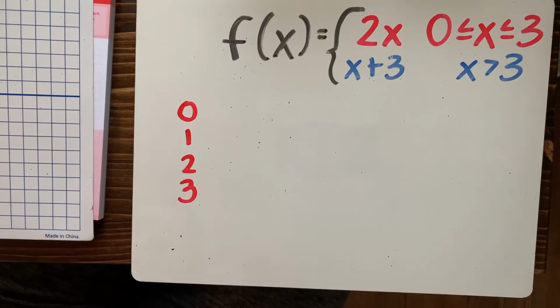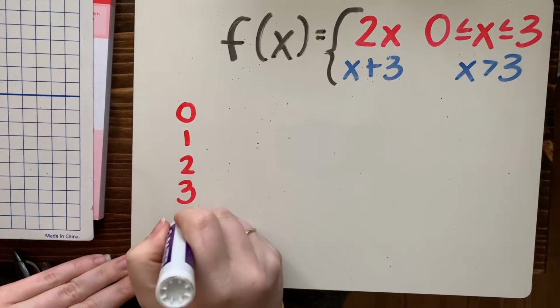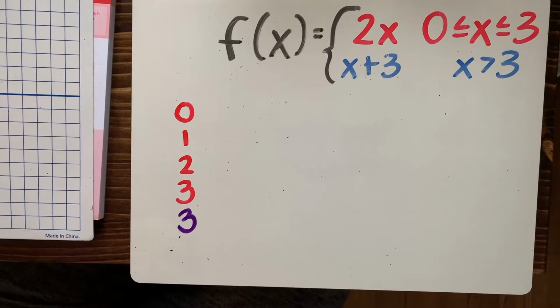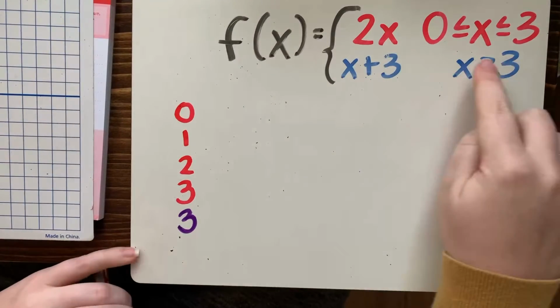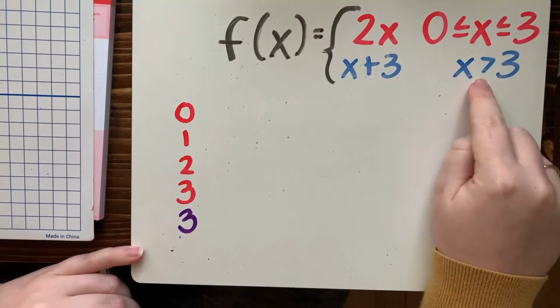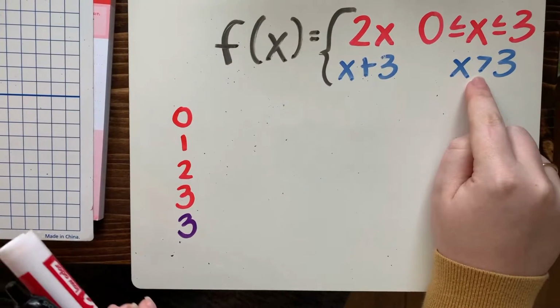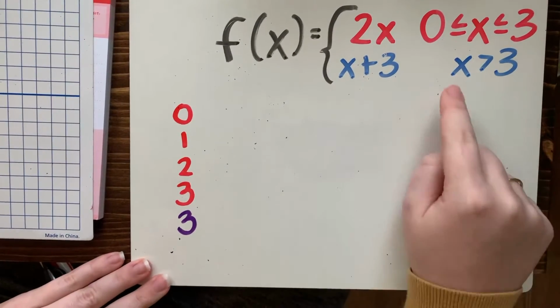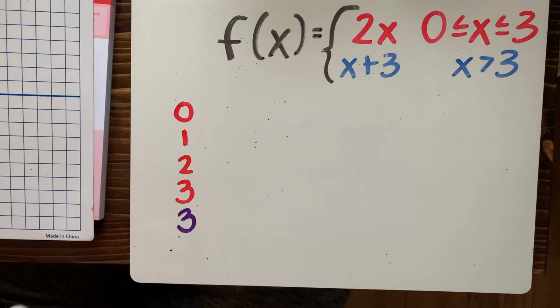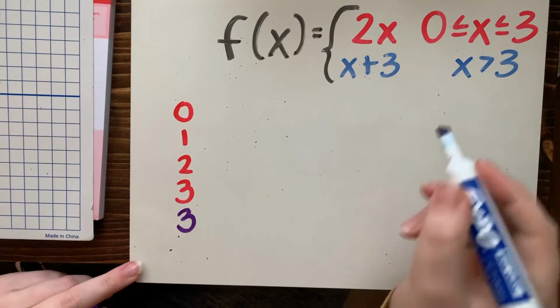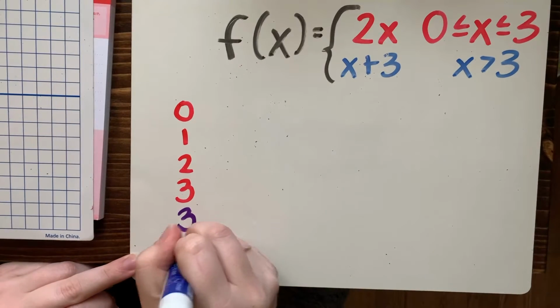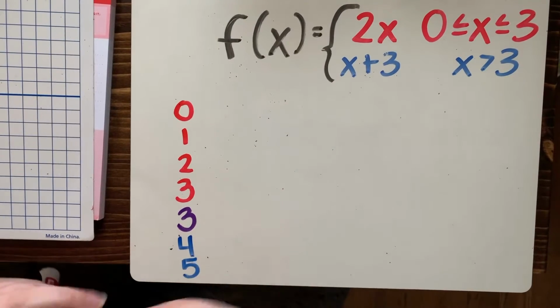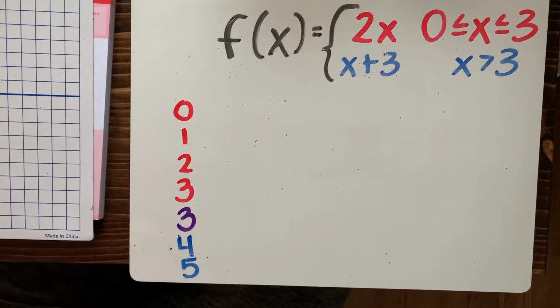But I also need to know what happens with 3 in this equation. It's not part of this equation because we only have x is greater than 3, but x does have a relationship with 3. So I'm going to put that in a different color just to show that we want to know what happens there. Then things that are greater than 3 are 4 and 5. So these are my inputs.